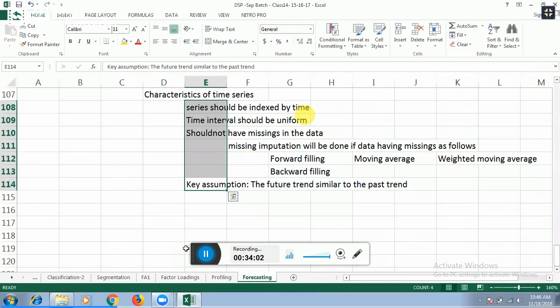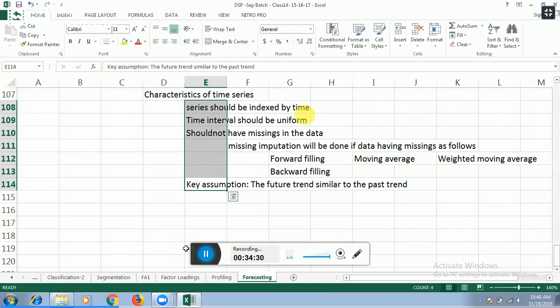We'll talk about that. Some of these things you can adjust by introducing new variables in the data. But some things, like a recession, you can't really adjust. So what you can do is take the after-recession data for forecasting purposes. Okay, thank you.